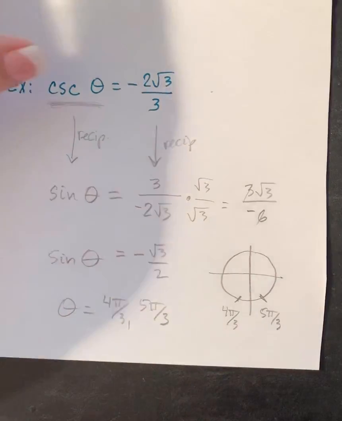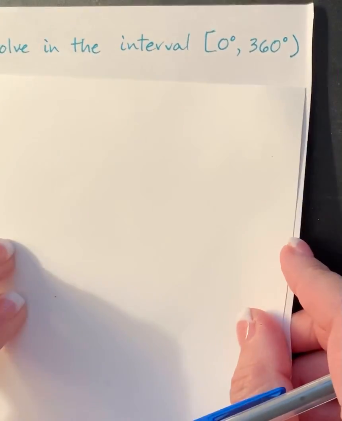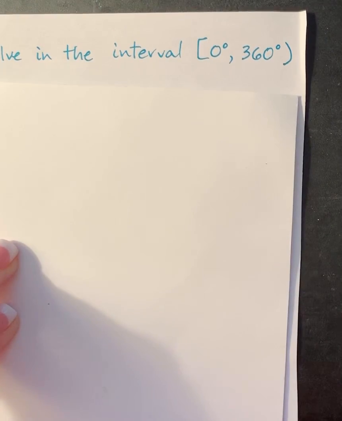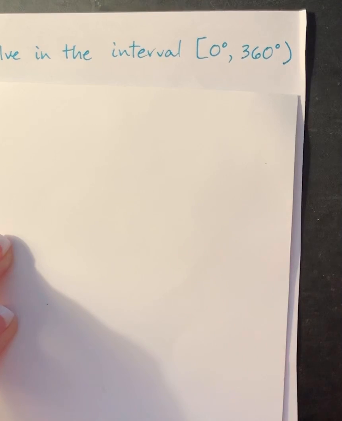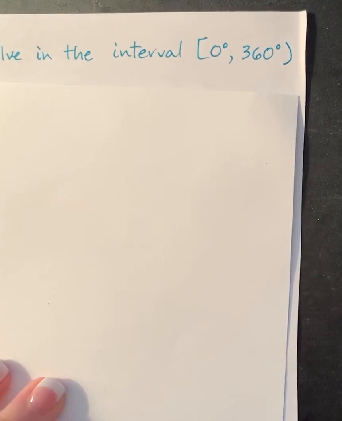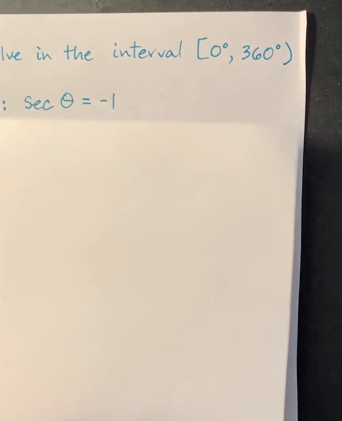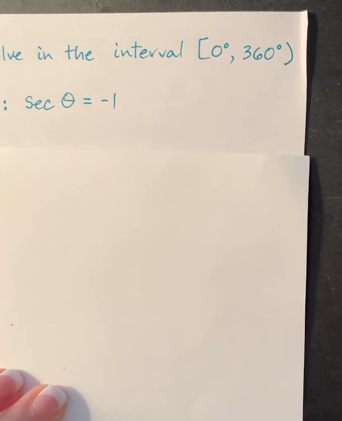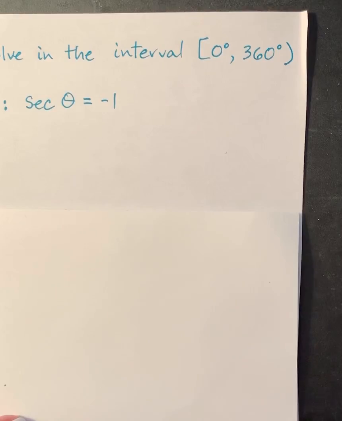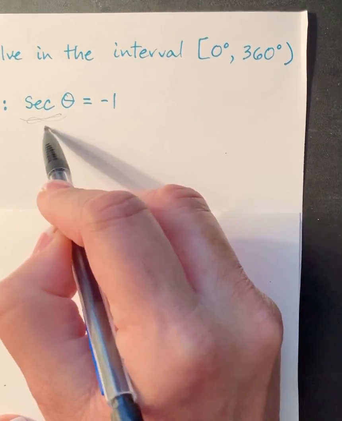Now, let's briefly talk about how they might ask you to solve in the interval from 0 degrees to 360 degrees. It's practically the same thing as what we were doing. We were working in radians, now this is in degrees. So where is the secant of theta equal to negative 1? Again, it's easier to work with secant by thinking of it in terms of cosine.